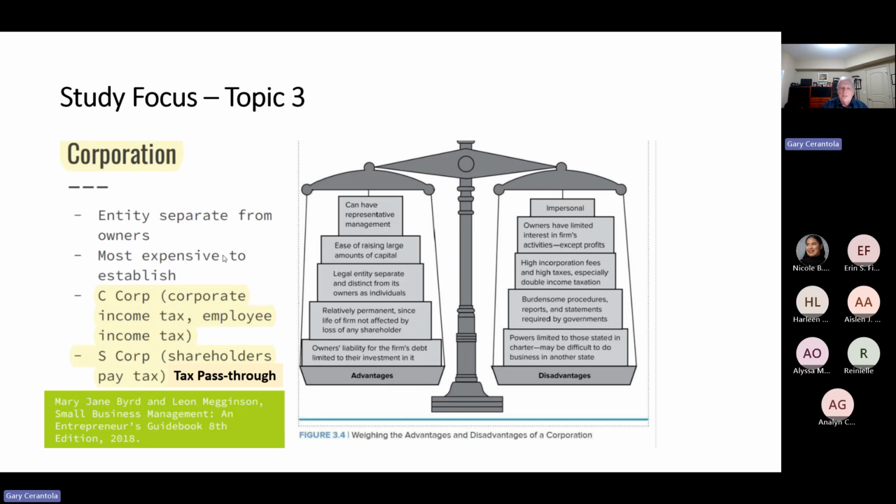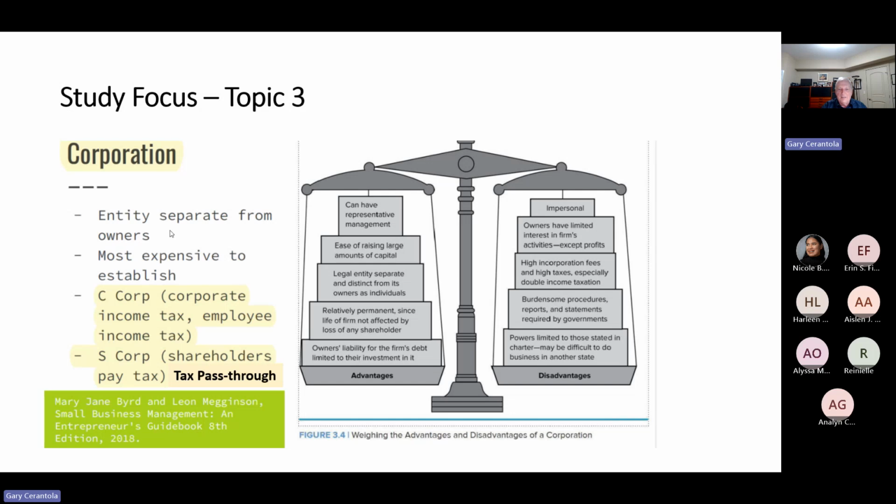Now, the corporation, here's where it's different. So a C corporation, and you notice that it's highlighted, right? So what happens is the corporation gets taxed for income tax, and the employees that work for the corporation get taxed in terms of personal income tax. With an S corporation, the tax passes through to the shareholders, so the shareholders pay tax, and so that's set up differently.